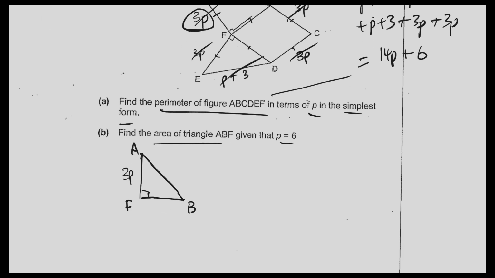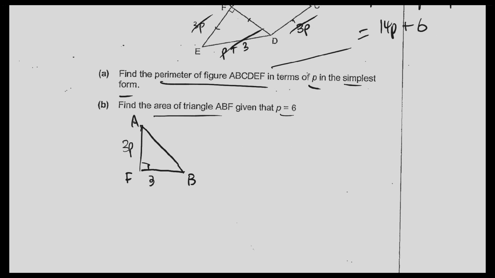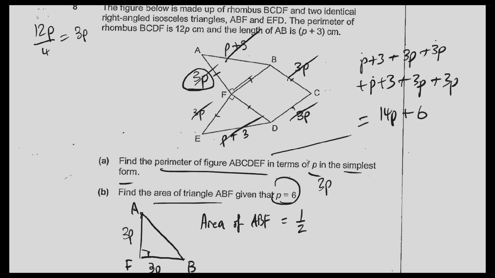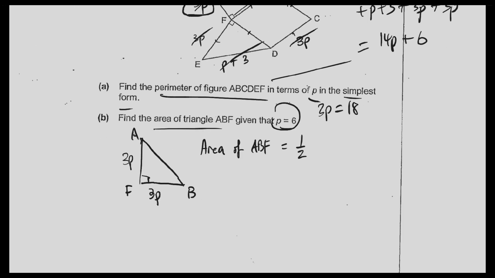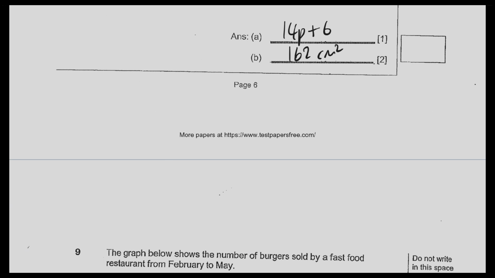AF is 3p, and FB is also 3p. Right, so the area of ABF is half times base times height. But what is 3p? p equals 6, so 3p is naturally 18. 6 times 3 equals 18. So just half times 18 times 18, which is 162 cm squared.